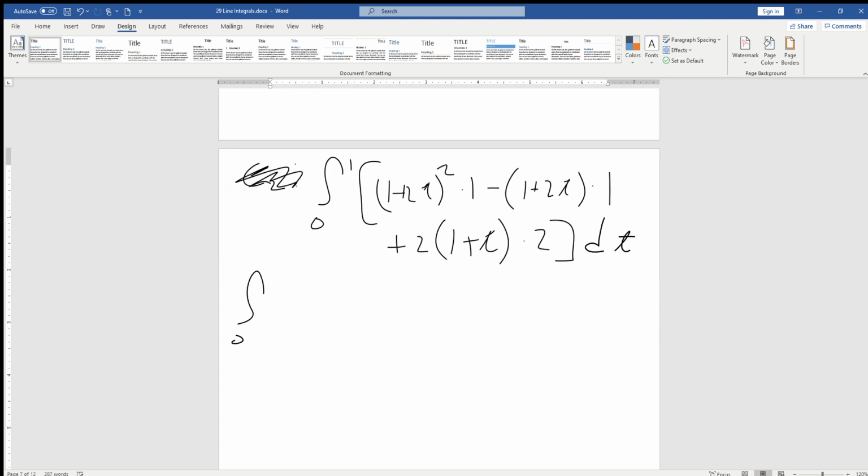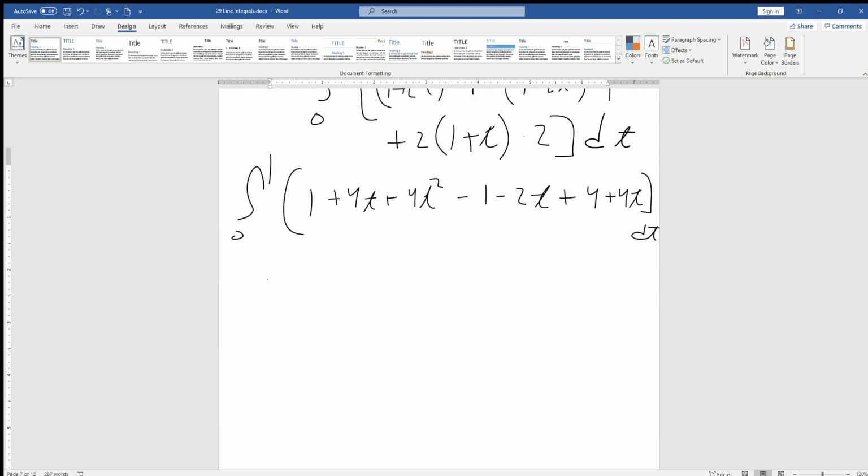So when we compute, we're going to end up with 1 plus 4t plus 4t squared minus 1 minus 2t plus 4 plus 4t, and there's a dt in there. So FOIL, distribute, all that good stuff. Integral from 0 to 1.